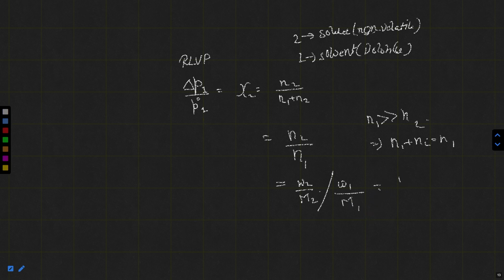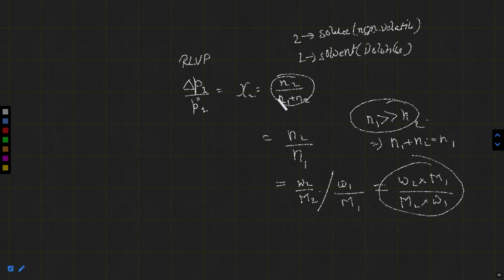If you put this together, it will be W2 into M1 by M2 into W1. So if this case is true, then we will use this formula. Otherwise we will use the other one.